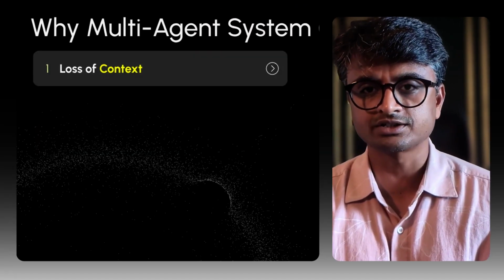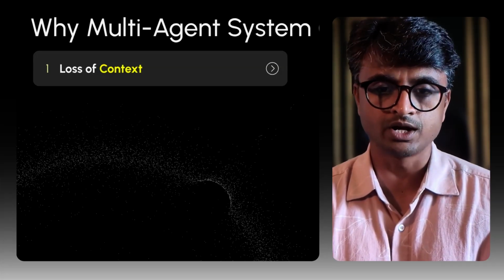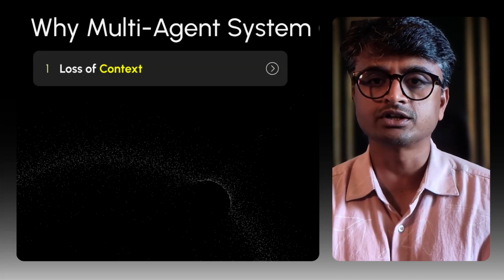Multiple agents come together to create an AI experience. Wait, did I just say multiple agents? Why can't one chatbot with integrations to tools using model context protocol servers do it all? Here's why: loss of context. Among many reasons to have multiple agents instead of just one is the need to preserve all the context.